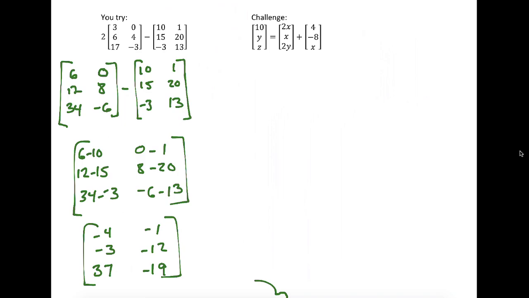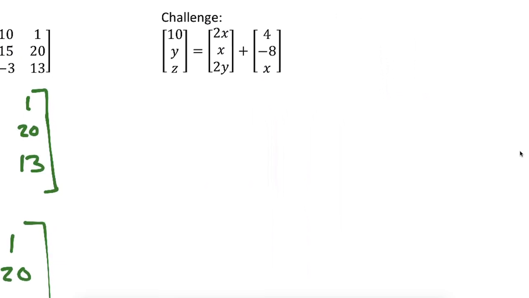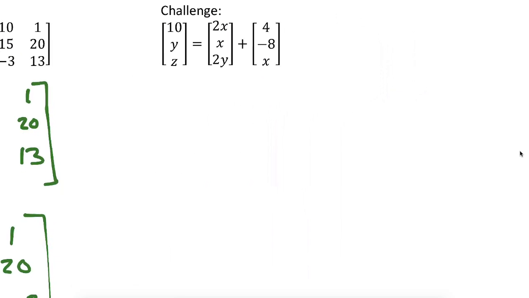We took 2 times the first one, and then we just subtracted the second one, and we just compared the individual parts. Now, if we're going to do this next one, notice that you got these rows. You got this row right here, that's all equal to each other. So we know 10 is equal to 2x plus 4.